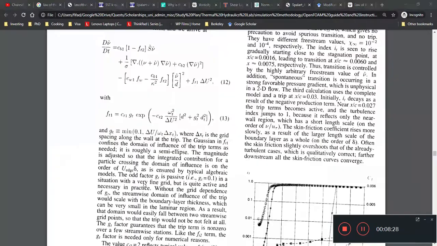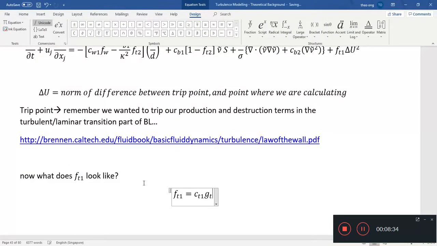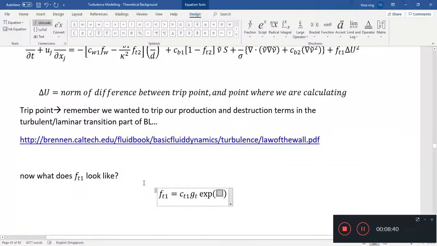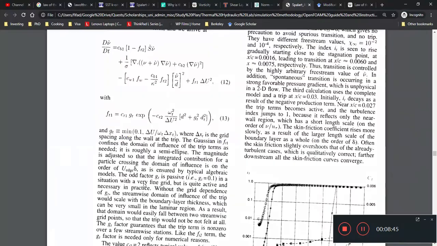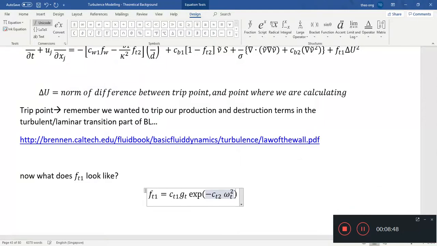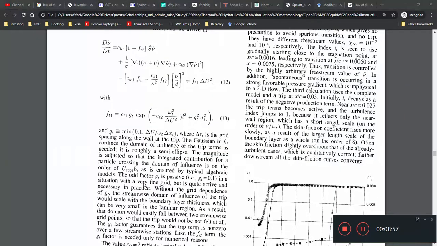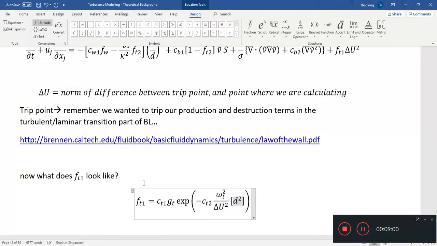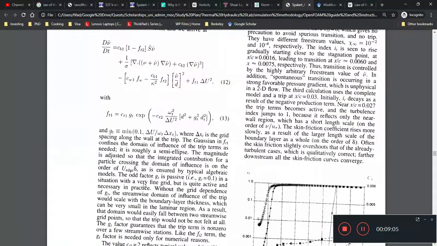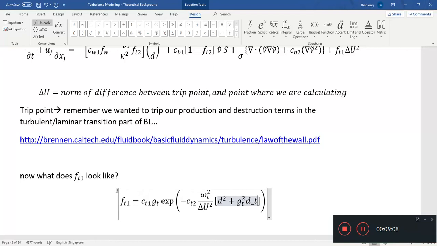FT1 equals CT1, so these are trip terms again, GT, which is a function, and then some exponential of minus CT2 times omega t squared divided by delta U squared, times d, which is the distance from the wall, plus gt squared again, and then times dt squared.